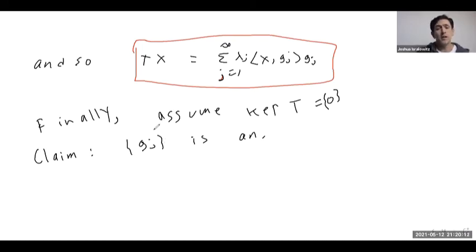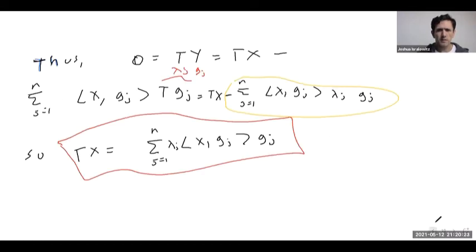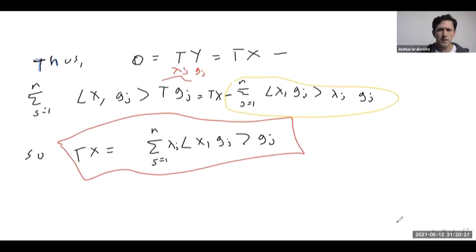In case 1, j went from 1 to m, where T_m is the operator at which we stopped. Sorry, this is an m, not an n.